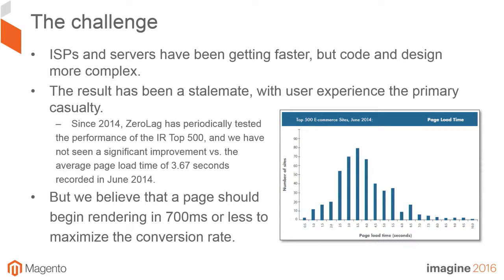Based on our research, the home page should begin rendering within 700 milliseconds or less. It doesn't mean it needs to complete, but the user needs to see a visual response from that page in 700 milliseconds or less.